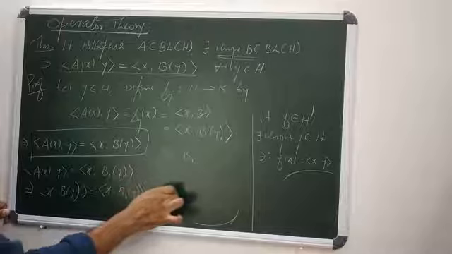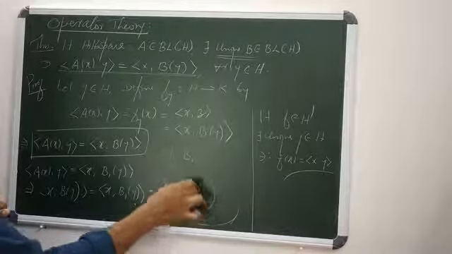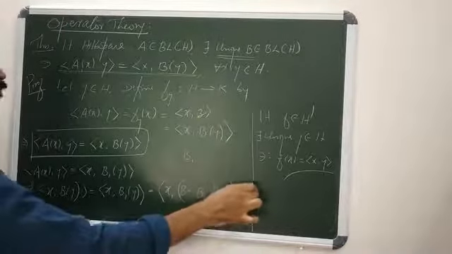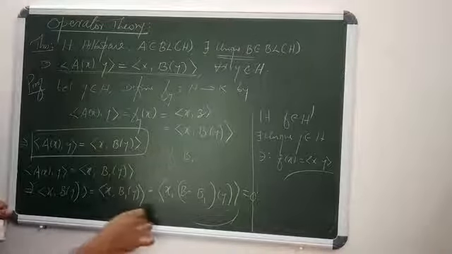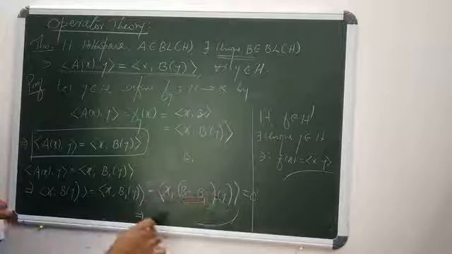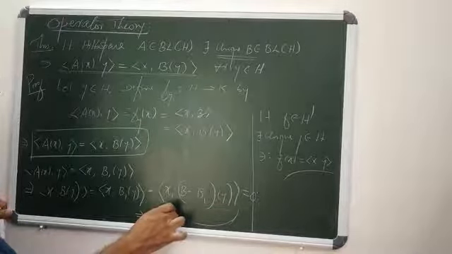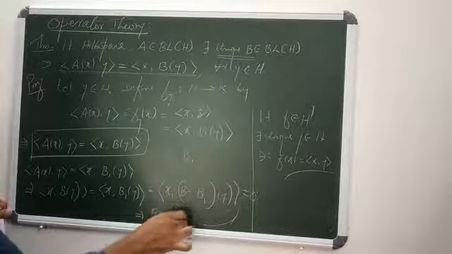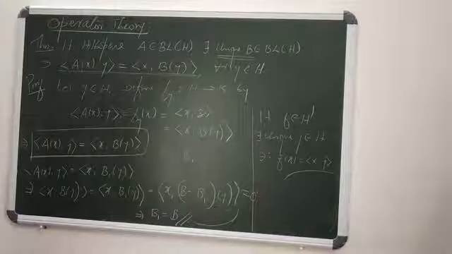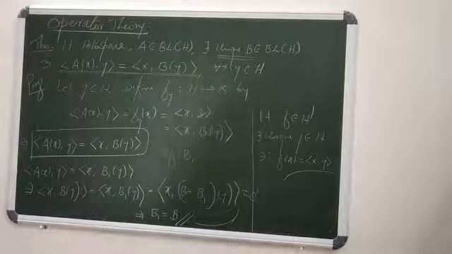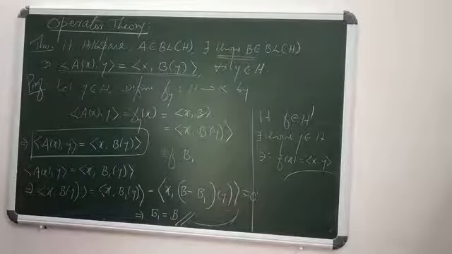That equals inner product x, B minus B1 of y, equals 0. Then this is possible only when, since x and y differ from 0, B1 minus B equals 0, or B equals B1. So the uniqueness of B is again preserved. Okay, so this is actually what we require.